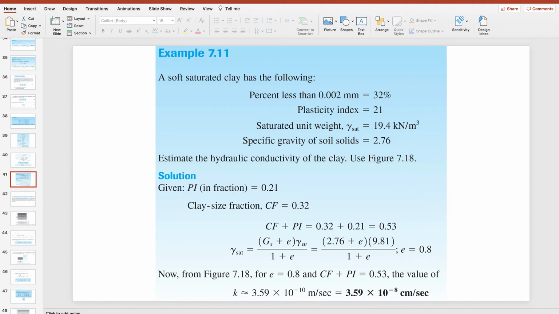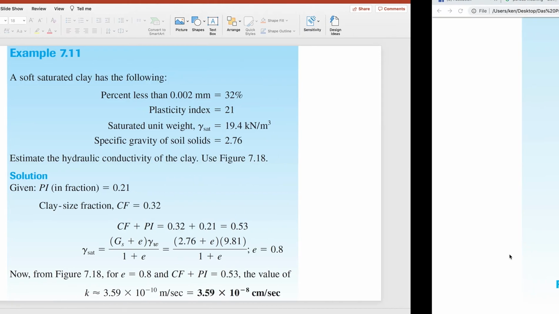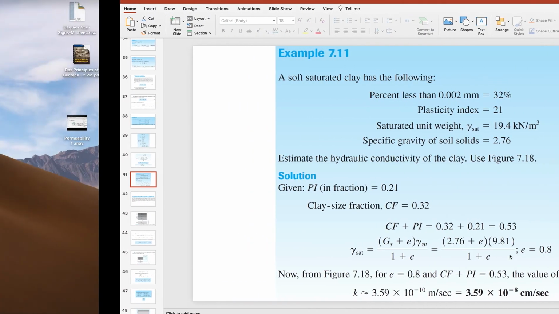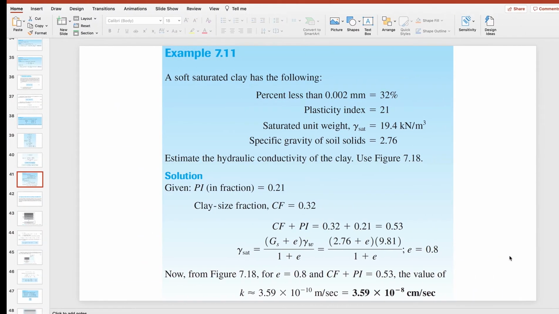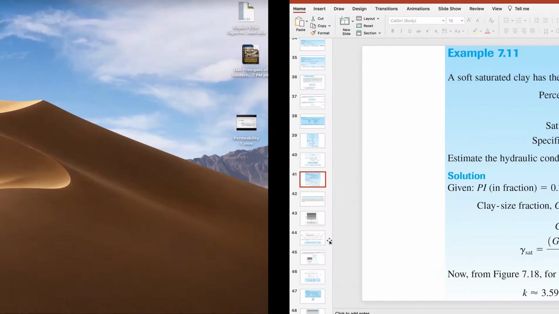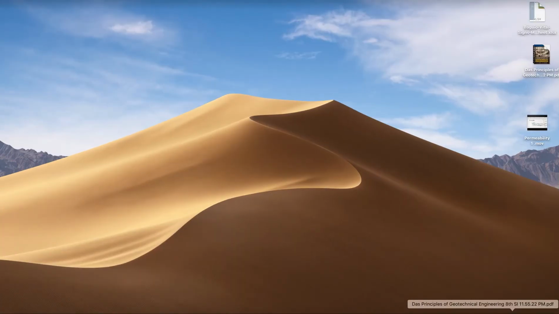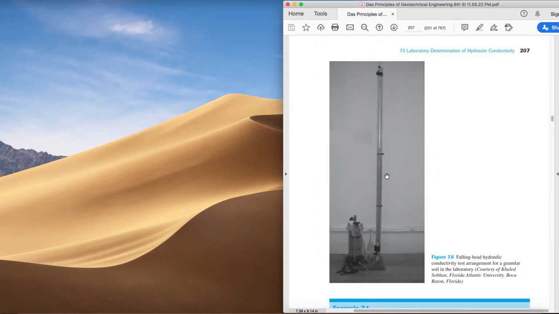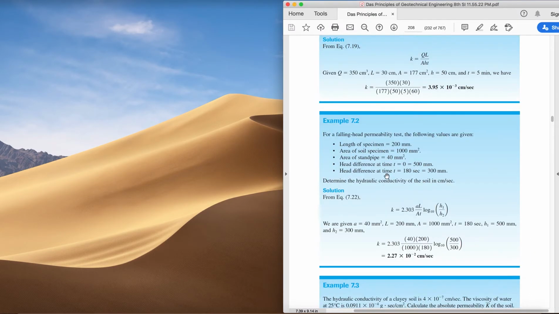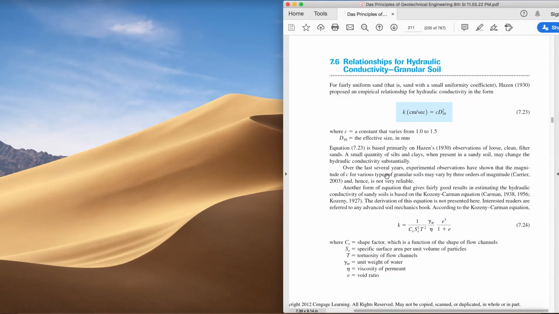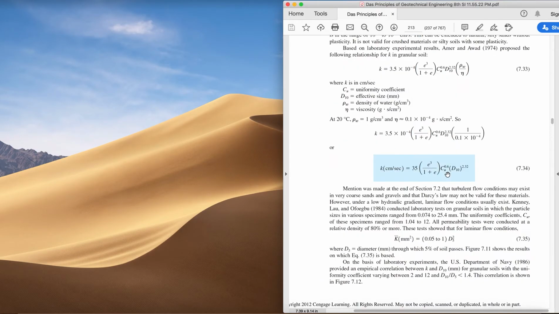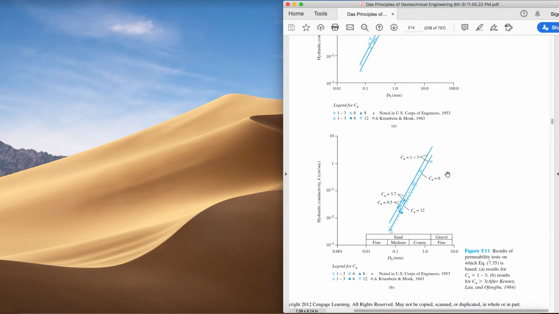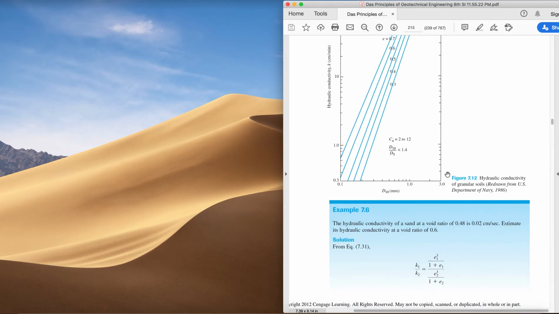Okay, so saan dyan yung 7.14? Figure 7.14. By the way, again, I repeat, our reference is the book of Braja Das.